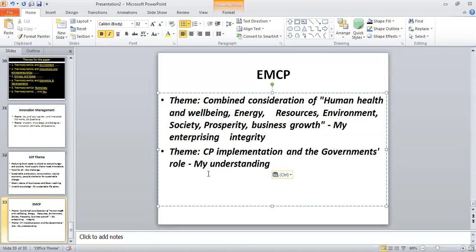Second one: my understanding on this. It's your understanding. Quite interesting.